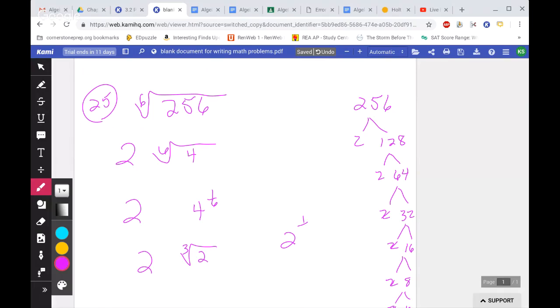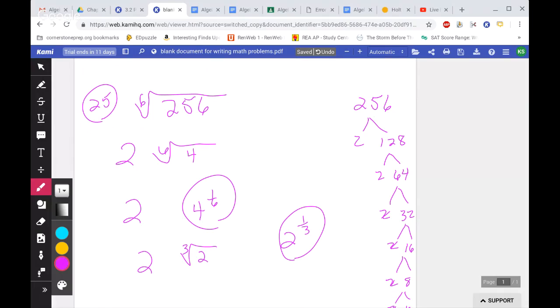So 2 to the 1/3 is the same as 4 to the 1/6. How would I know that it's 4 to the 1/6?